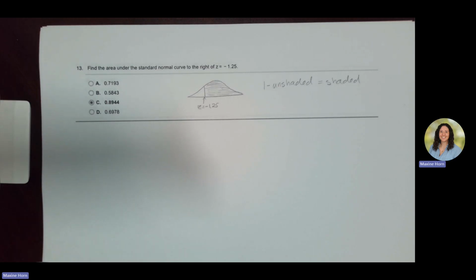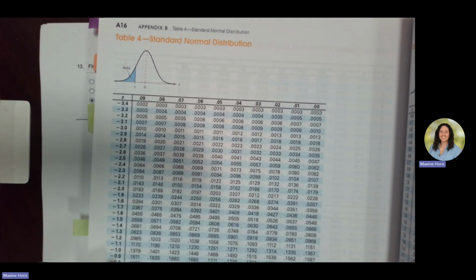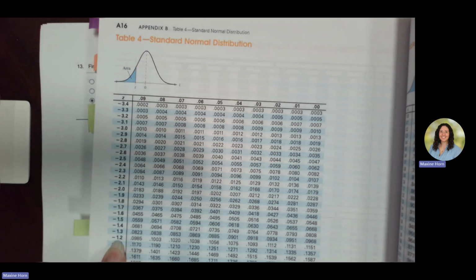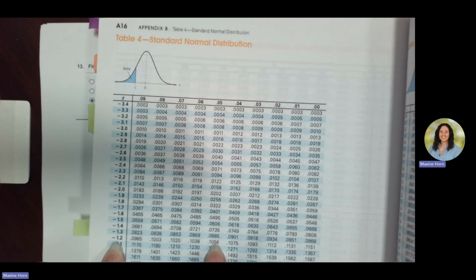In the back of the book, I have a negative z-score, so I'm going to look at this table. It was -1.25, so -1.25. Where do those overlap? Right here at 0.1056, right? Do you see that?